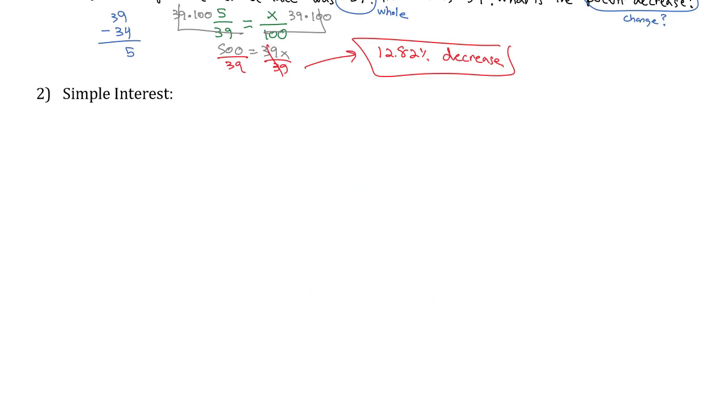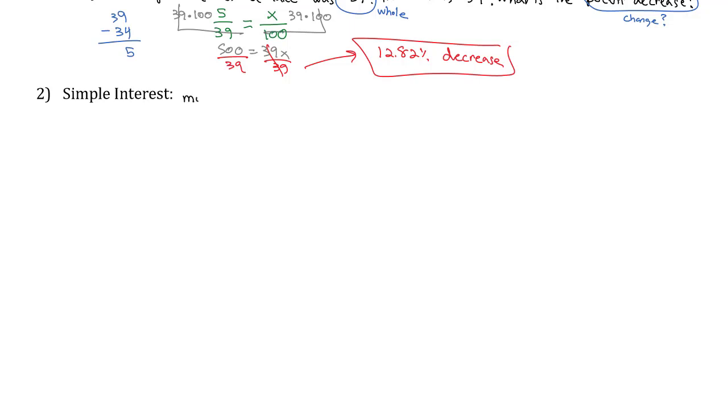The second special application of percents I want to look at is simple interest, where you put money in the bank and you earn simple interest. The bank pays you money to leave that money in the bank, and so your money grows by that amount of interest. The special thing to know with simple interest is it matters how many years the money is in the bank. You get that interest percentage every year.